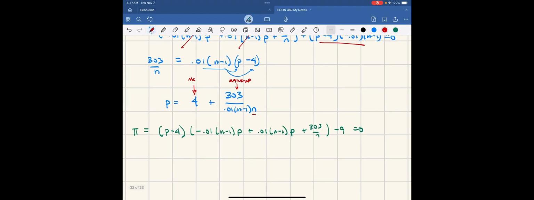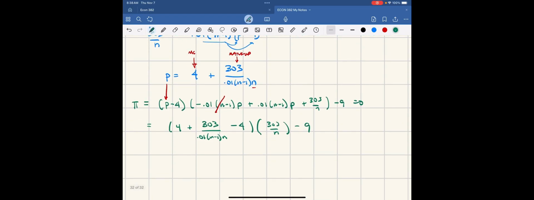So that's our profit function. Again, these terms are going to cancel out. And now we can substitute in our p for here. So we get (4 plus 303 over 0.01 (n minus 1) n, minus 4) times 303 over n, minus 9.